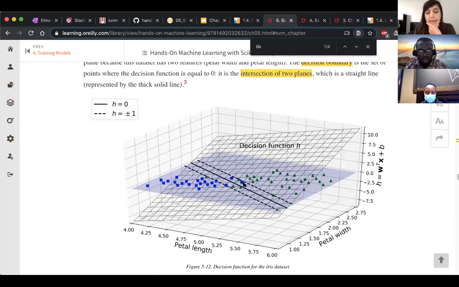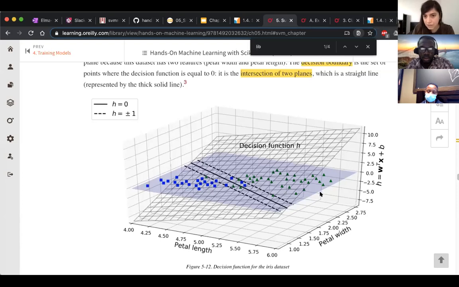And we know that they may not be separable in those 2 dimensions. We may need to include some additional dimensions to be able to separate them. So SVM fits a new plane in an additional dimension, hoping that plane intersects our plane in such a way that the intersection separates our classes.